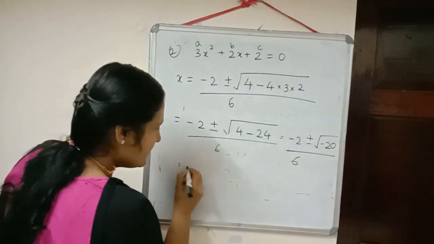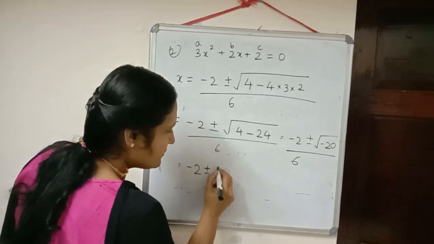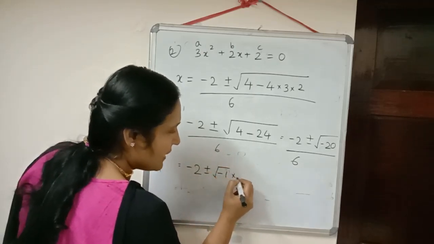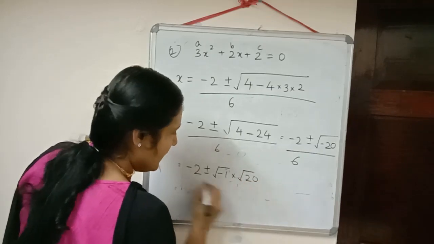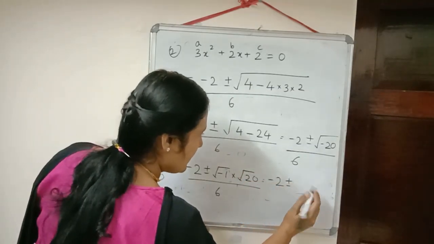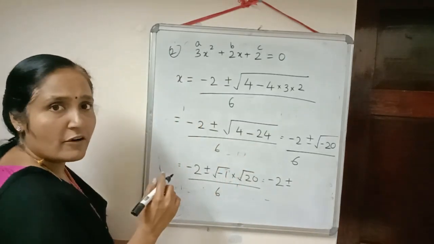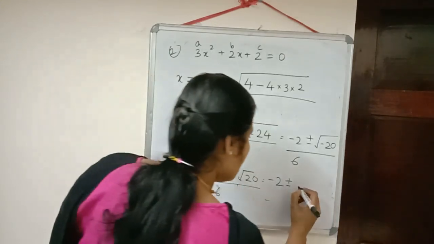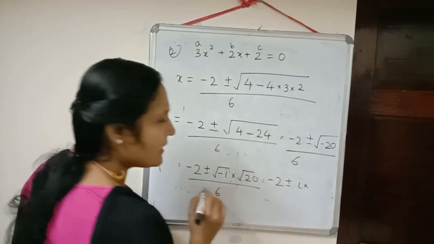Again that minus sign we can take outside. So square root of minus 1 into square root of 20, by 6. So we are getting minus 2 plus or minus square root of minus 1, which is i.